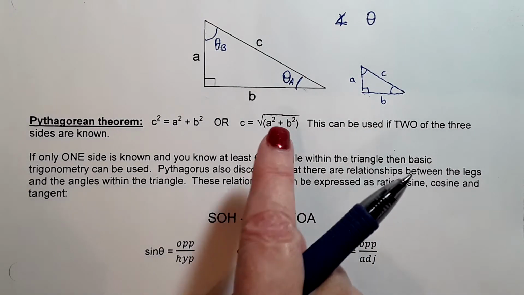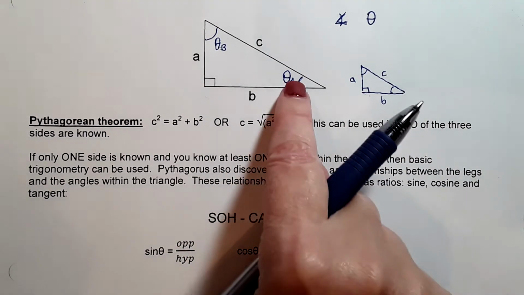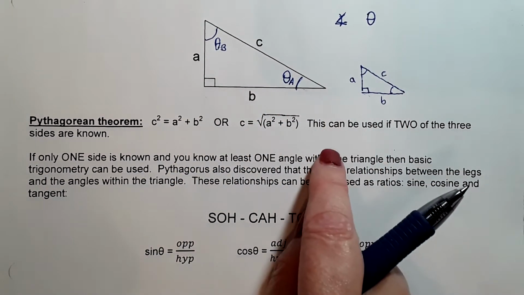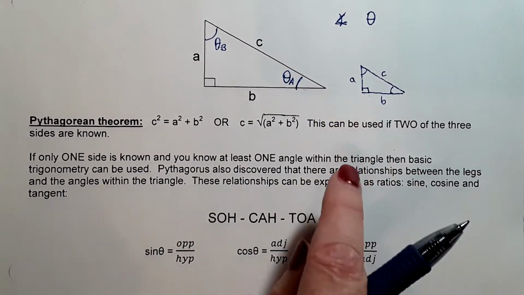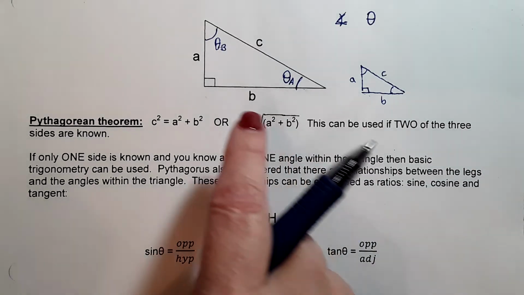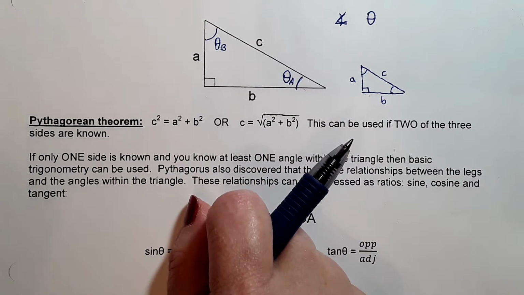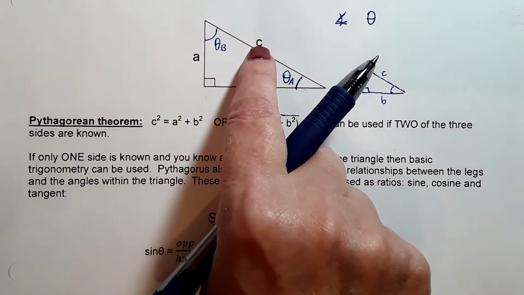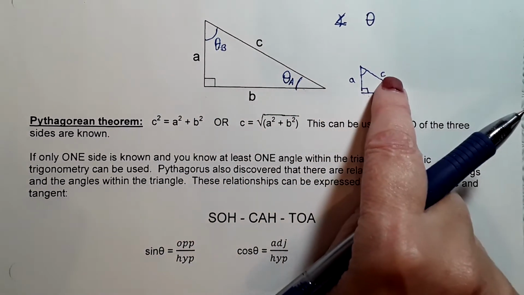And interestingly enough, if that's the case, if the angles inside are the same, even though the legs are not the same length, you would get the same ratios if you said A over C and A over C here.